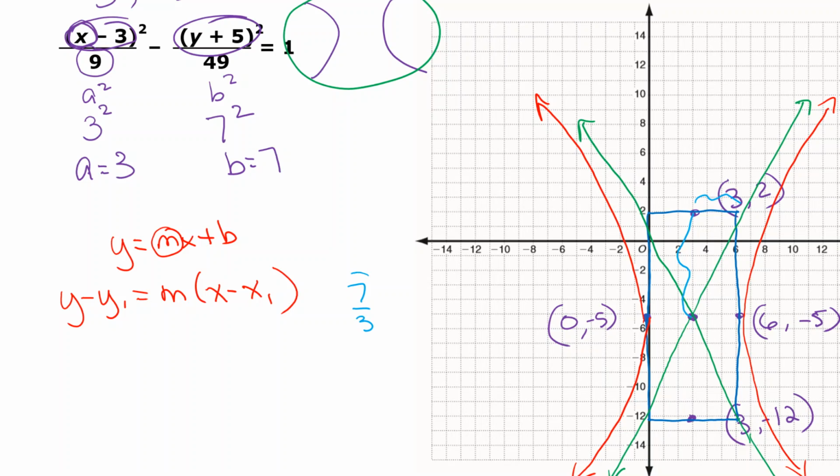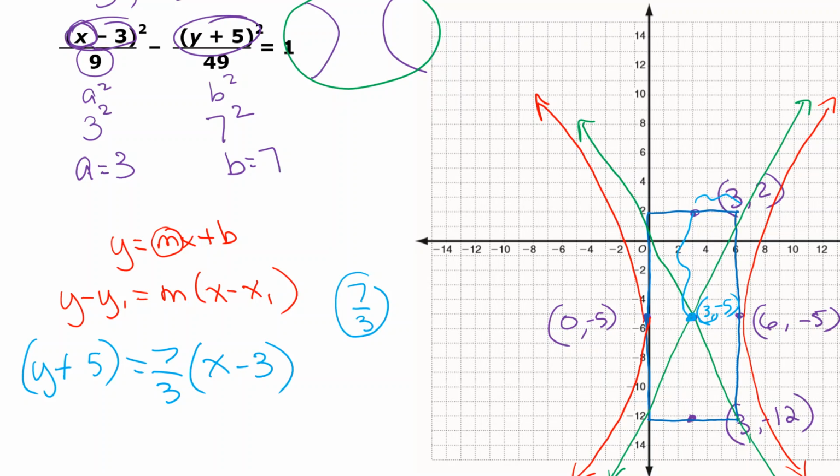So there's my slope for one asymptote, and I have a point on that, which is our center, which was 3, negative 5. So I'm just going to use my point slope formula and fill that in. I'm going to say y minus negative 5, so it's actually going to be y plus 5. Y plus 5 equals, and my slope is 7/3, times x minus 3, and there's my equation.